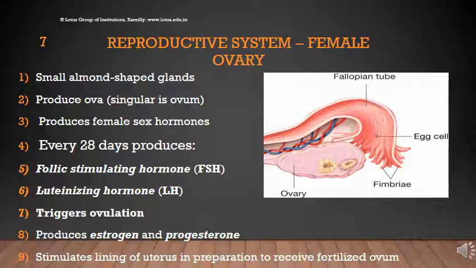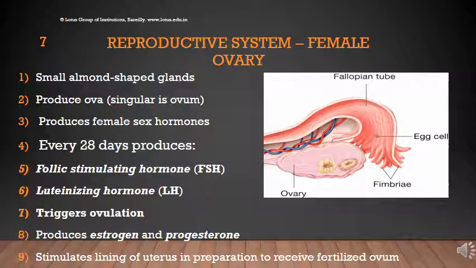When we talk about its function, the ovary produces ova, and when it is single in number, it is called an ovum. The ovary is very important for the production of ova and also for the production of the female sex hormones, estrogen and progesterone.